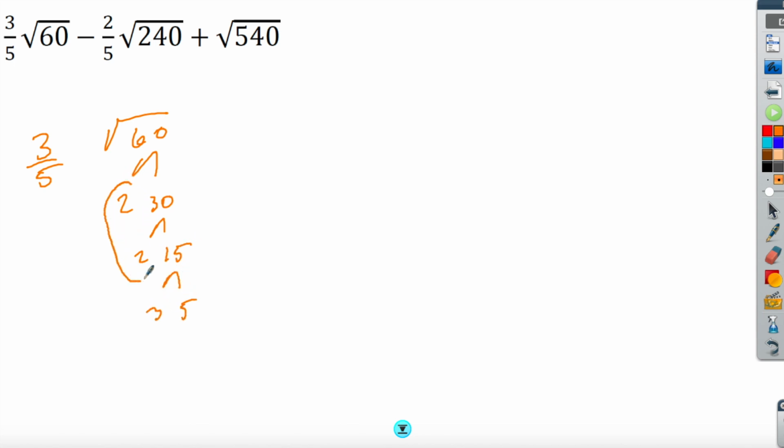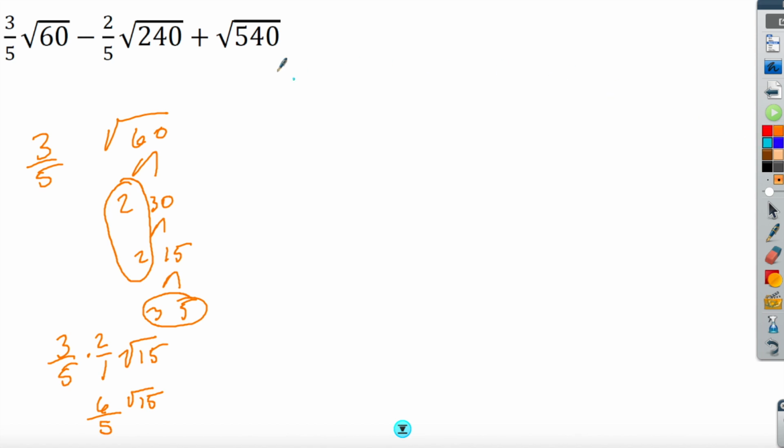Okay, so I can take out this 2. So I'm going to have 3/5 times 2 over 1, and I have 3 times 5, which is 15. So radical 15 left over. So that simplifies even more. 3 times 2 is 6, 5 times 1 is 5, times radical 15. All right, so that's everything I did in orange.